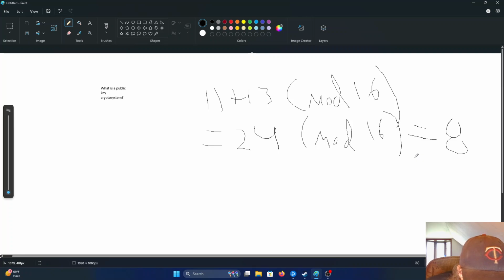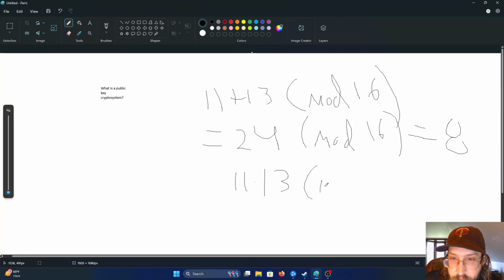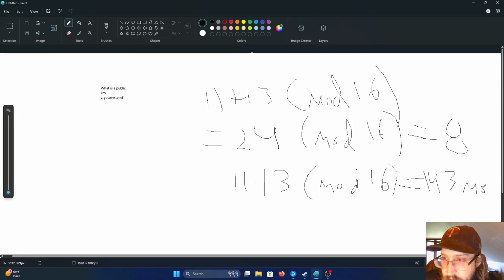Since 24 equals 1 times 16 plus 8. And 11 times 13 mod 16 equals, so 11 times 13, they just give it to us, it's 143 mod 16, equals 15.